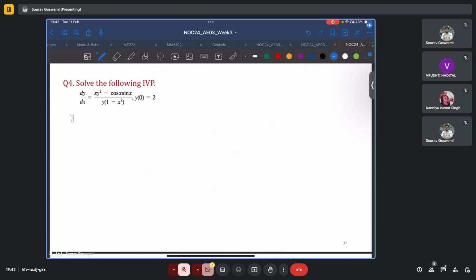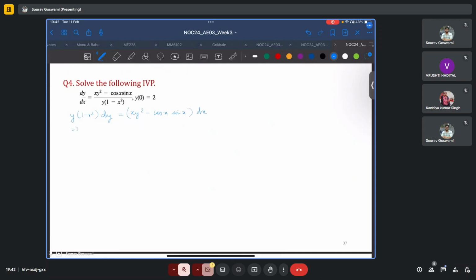We bring y to this side: y into (x square minus 1) dy is (xy square minus cos x sin x) dx.